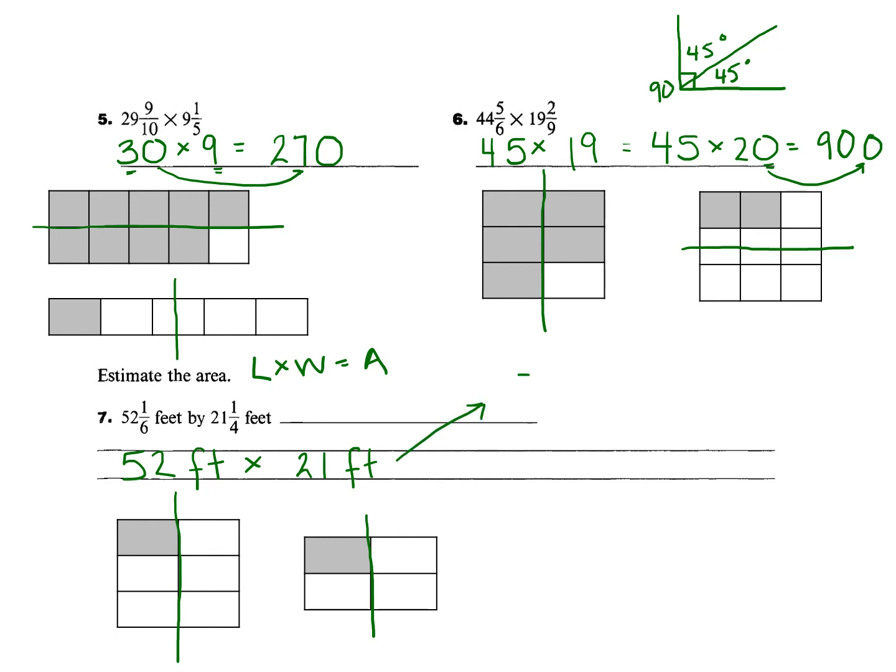You could do 50 times 20. You could do 52 times 20. You could do 21 times 50. I guess this would be a good estimate right here.